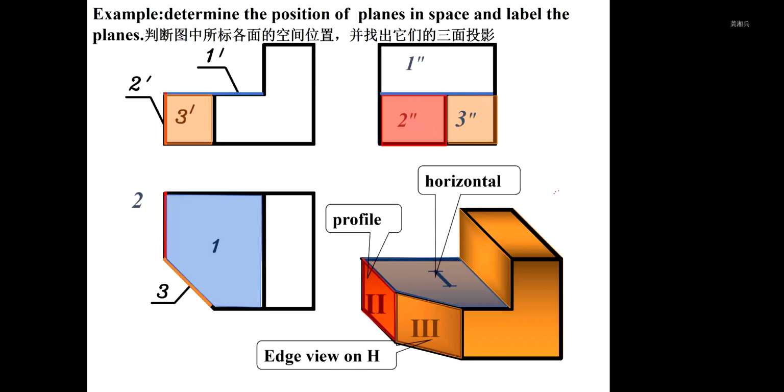In our three-dimensional space, we find the solid, like this one, is consisted of lines and planes. So why do we study the point, line and plane projection first? Because these three are the basic elements.